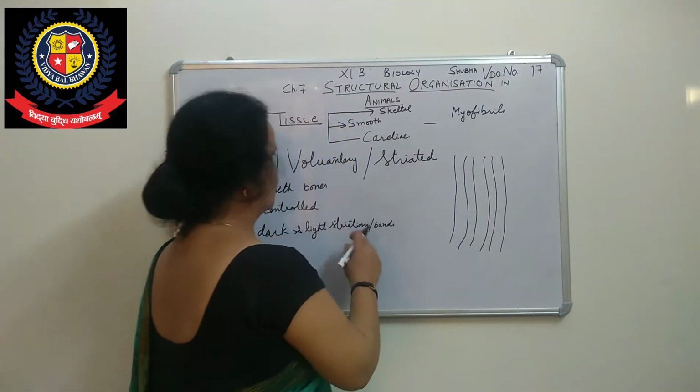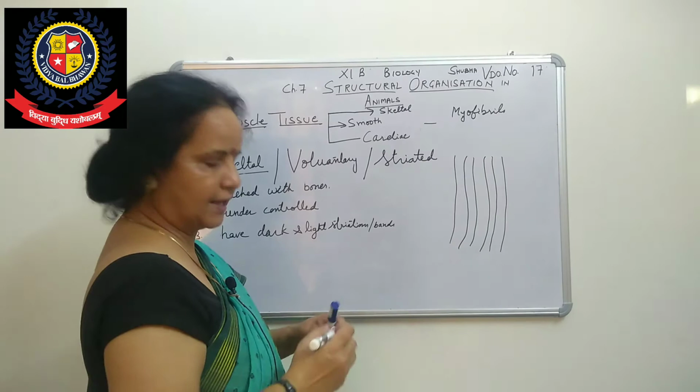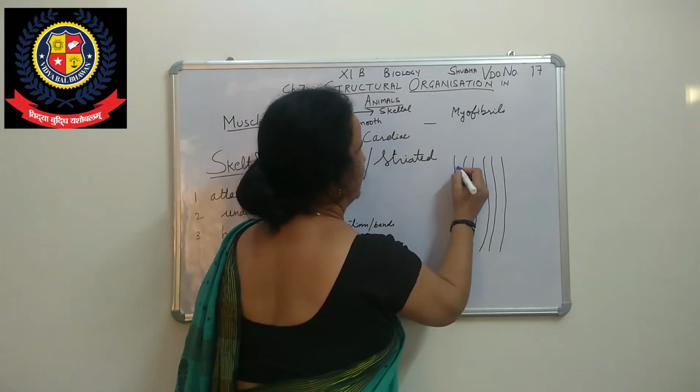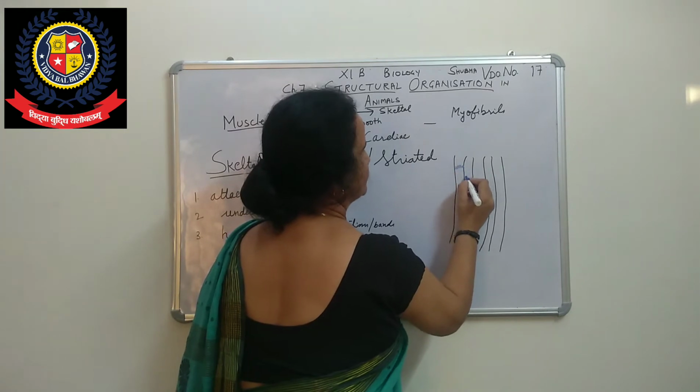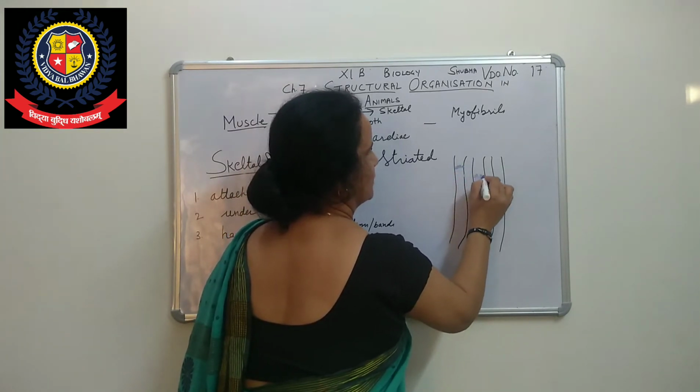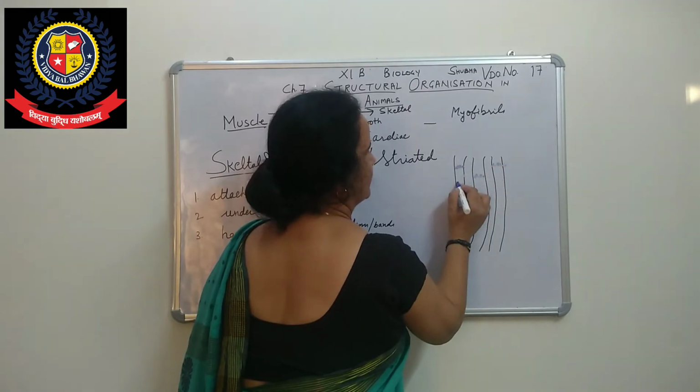Now, I have told you striations are there, dark and light colored bands. So we can show dark and light colored bands here, like this.